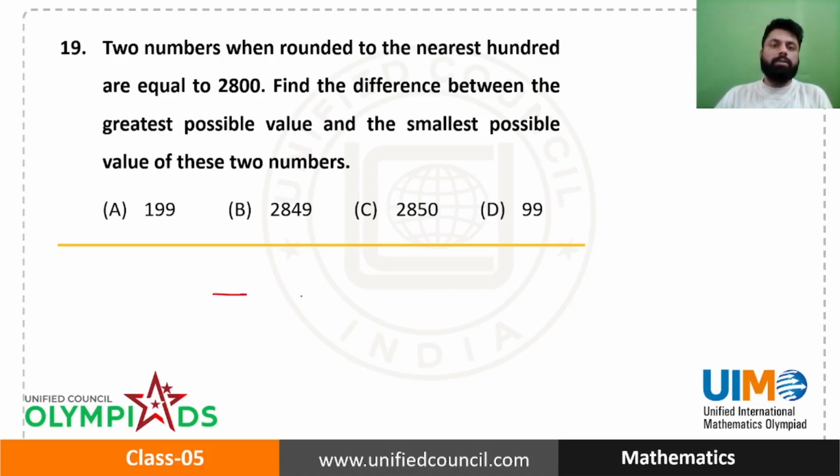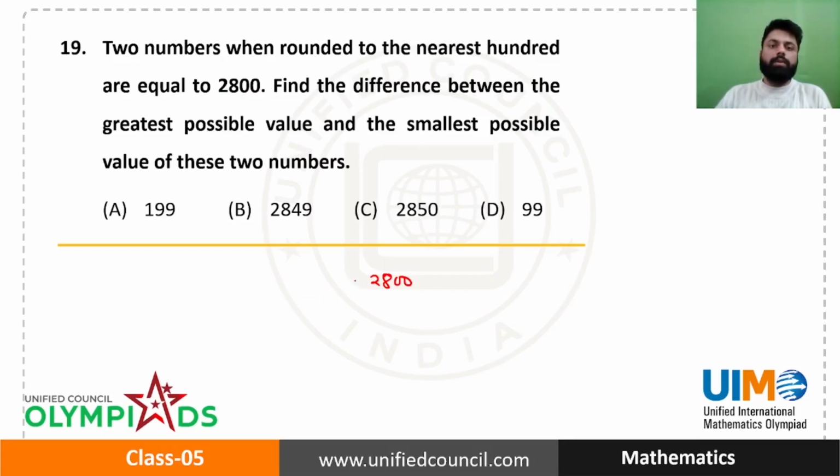Two numbers when rounded off to the nearest 100 are equal to 2800. Find the difference between the greatest possible value and the smallest possible value of the numbers.